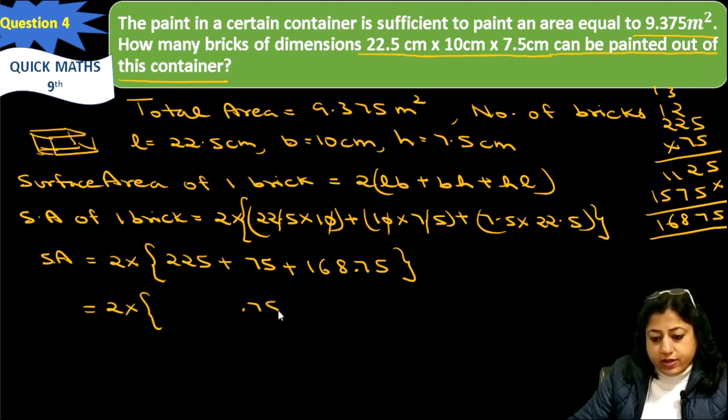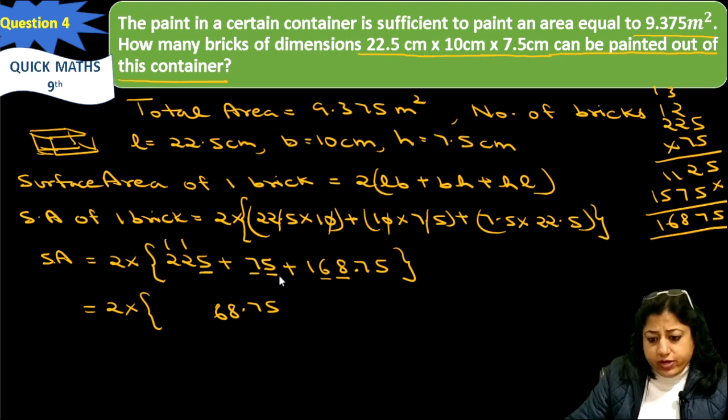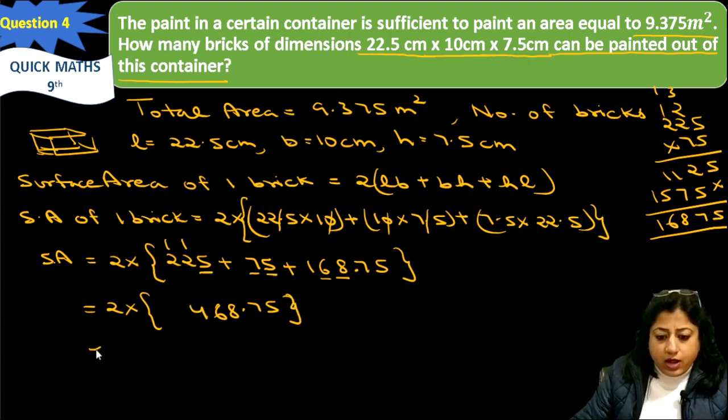Adding these gives 468.75. Now we will multiply it, meaning twice of it.